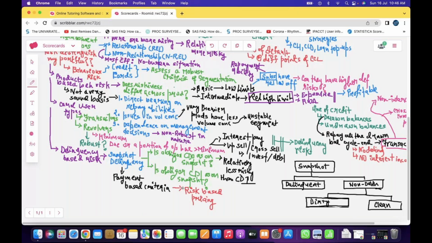Out of these, the final set of scorecards are the collection scorecards. So these are the three important scorecards that are there, right? Each of these scorecards is used for some purpose to manage risk. That's where we'll talk about the risk management practices with each of these scorecards and how the business impact for these models is created.